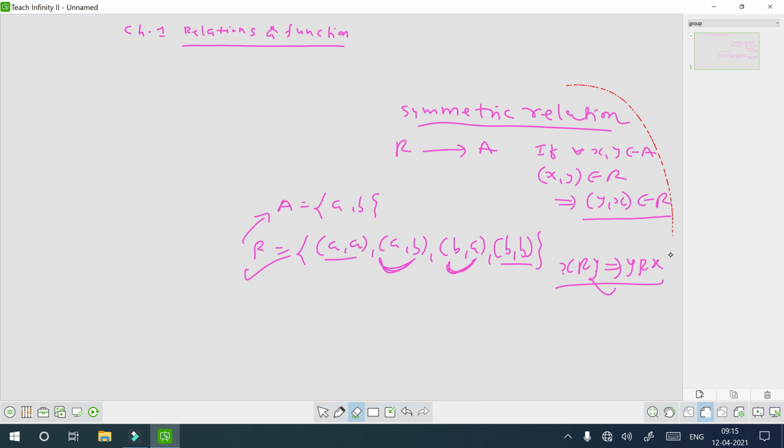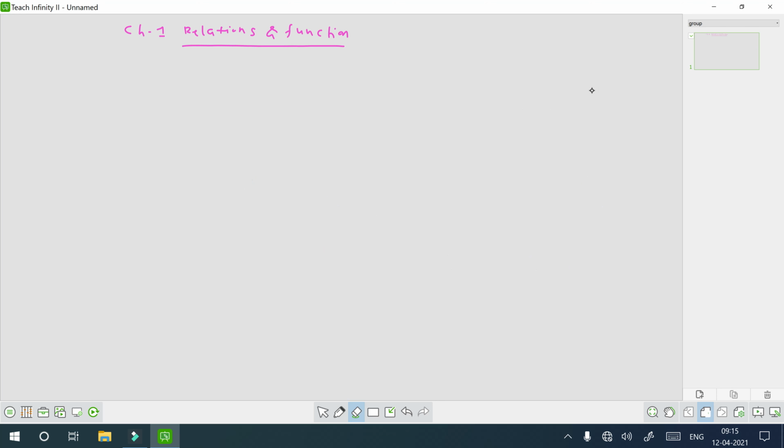Now after symmetric relation, let us recall the third one, transitive relation. Say once again, R is any relation on set A. If, see this one is important thing, if x R y and y R z, these two conditions are given, then we have to check whether x R z or not.